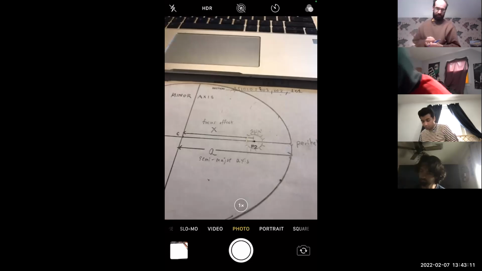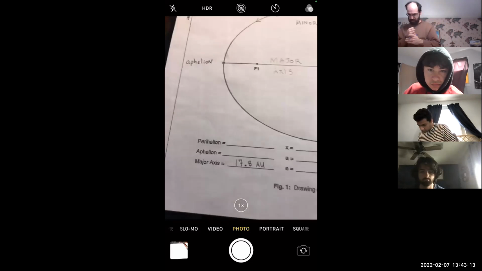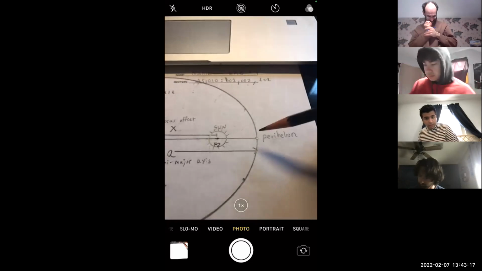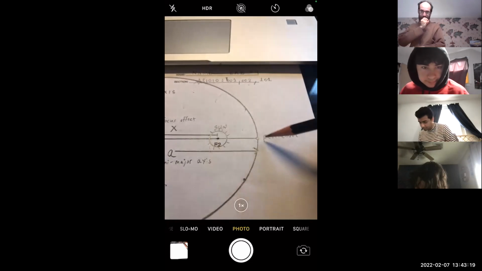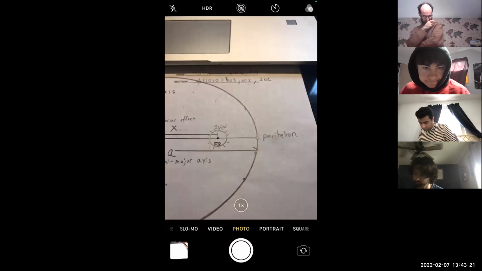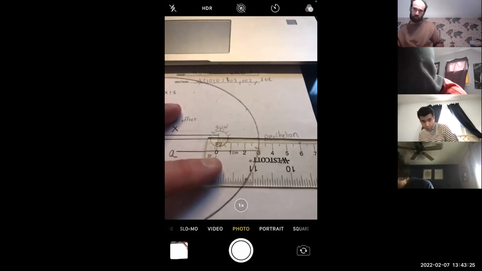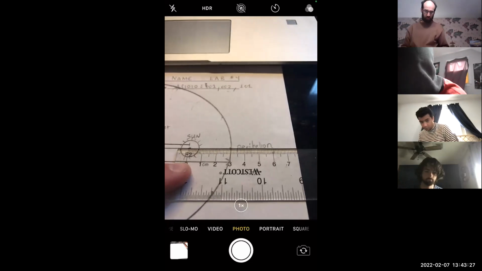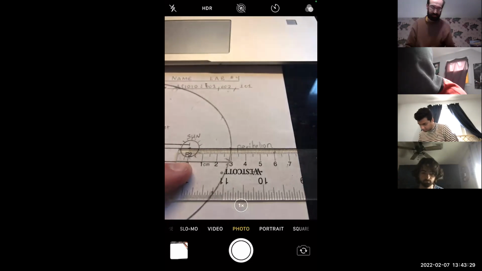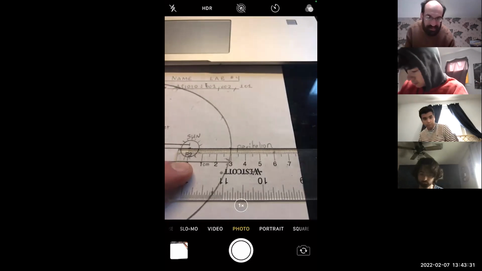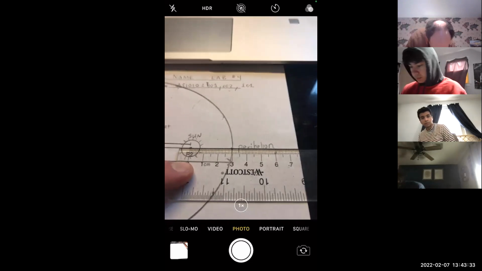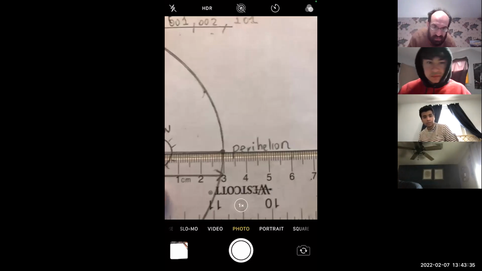Now, our first job here is we have to measure perihelion and aphelion. To measure perihelion means how far from the center of the sun will perihelion be. So I'll take out my ruler. I'll put 0 at the center of the sun. And if I look close, it's at the 3 centimeter line.